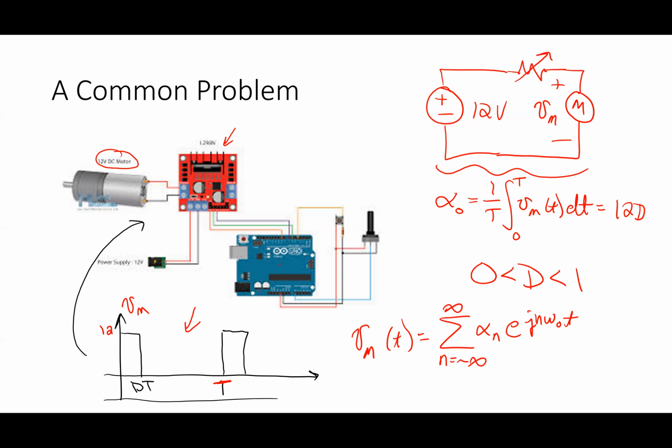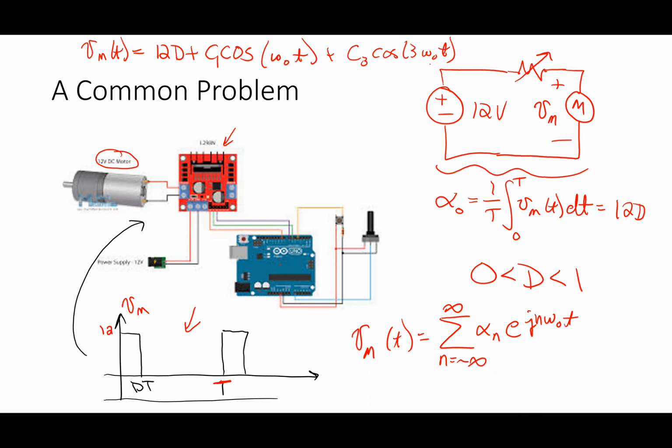So by doing this approach, V motor of t, the motor voltage, is equal to some DC term, 12D, plus some sum of sine waves: something at cosine of omega naught t, plus something at cosine of 3 omega naught t, and so on.